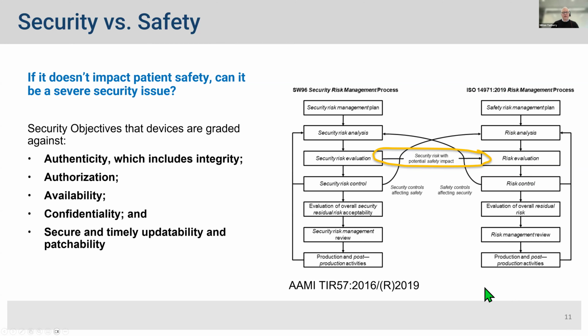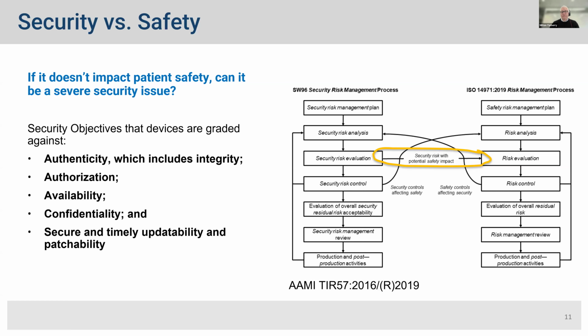And the stack on the left is the security risk management process. The yellow circle in the middle is where the security risk evaluation can transfer from the security side to the safety side and then become part of that safety process.